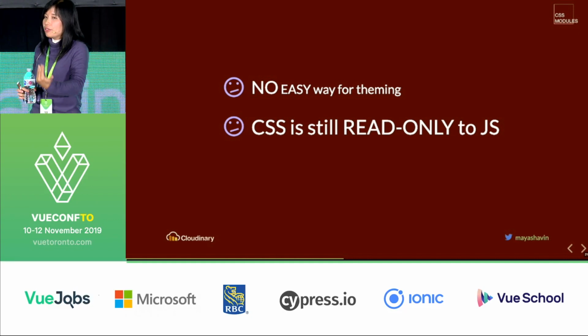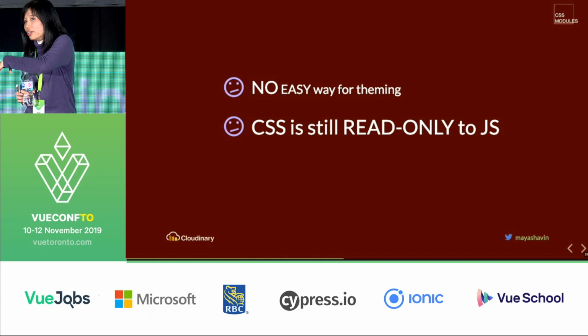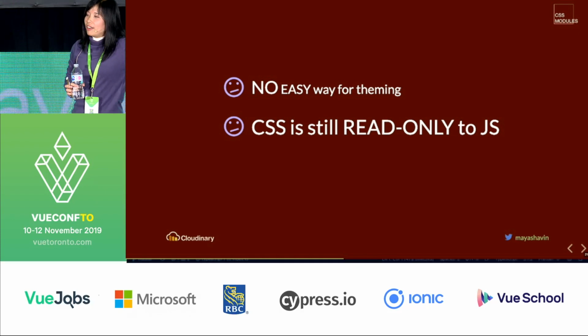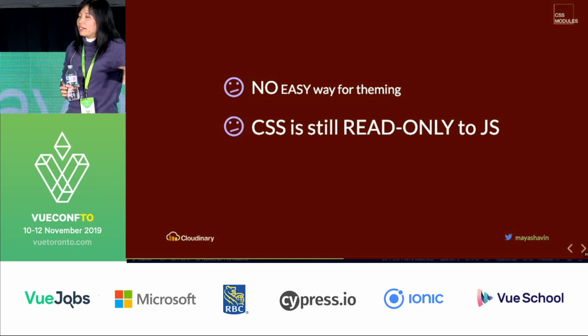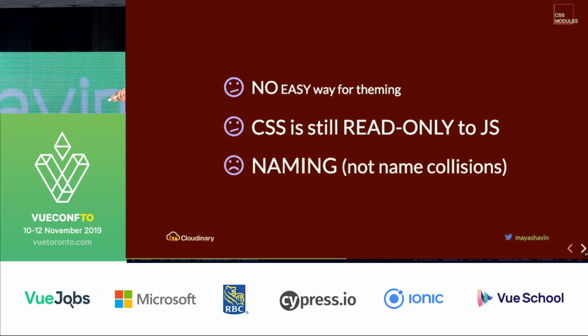On runtime, whatever you write into this CSS object imported from the CSS file remains read-only. You cannot touch it. It doesn't write back to the CSS on runtime, so it doesn't affect the CSS. It remains static.